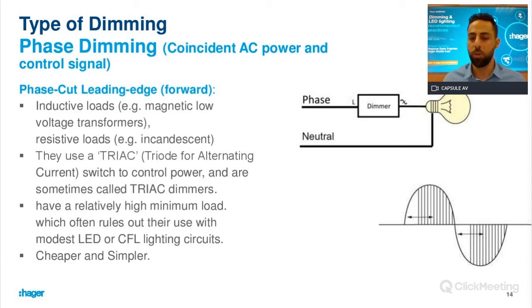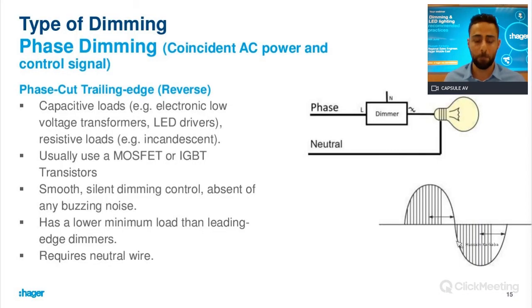As you see, it controls the beginning of the sinusoidal wave of the power. It is cheaper and simpler. So leading edge dimmers are usually cheaper. So this is what we face in the market. The second one, the phase cut trailing edge dimmer or the reverse dimmer.